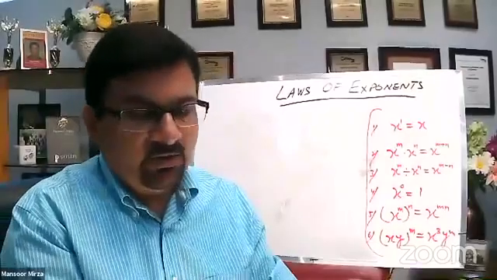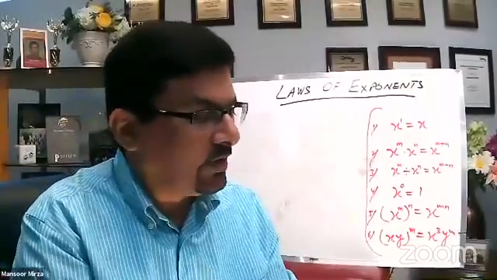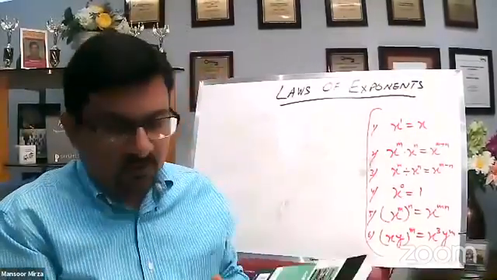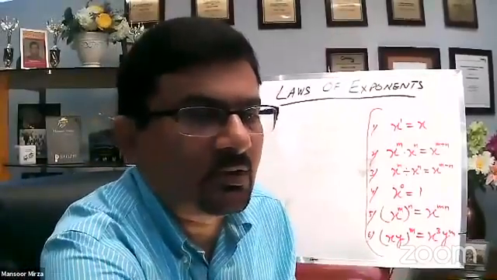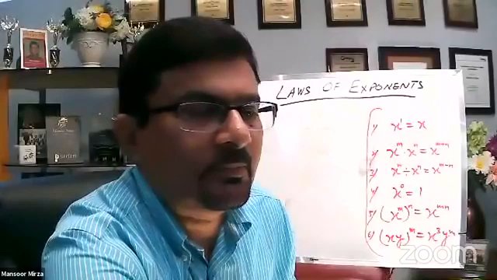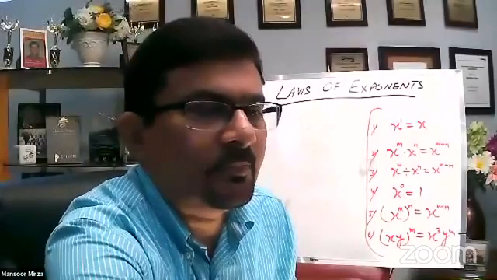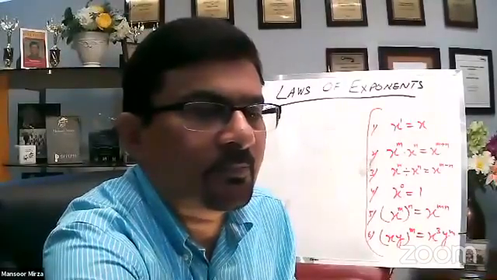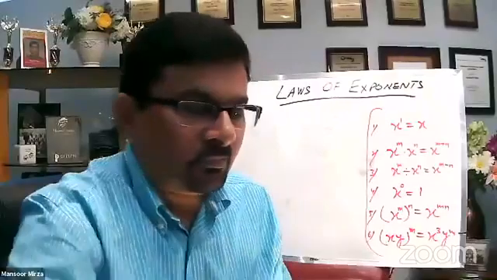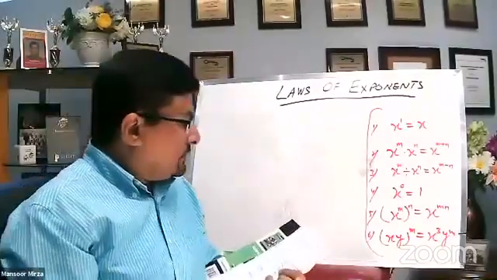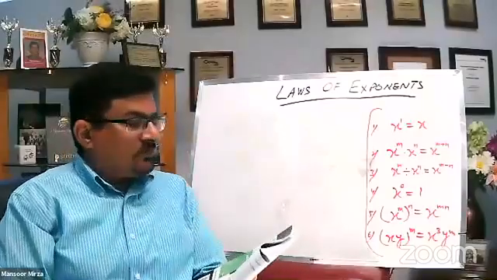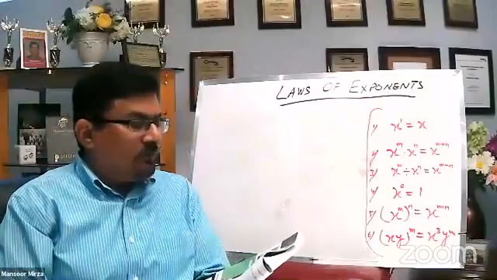So the first example I have in my practice book is to simplify this question. I am going to simplify this. So the question is the simplified form of the expression.